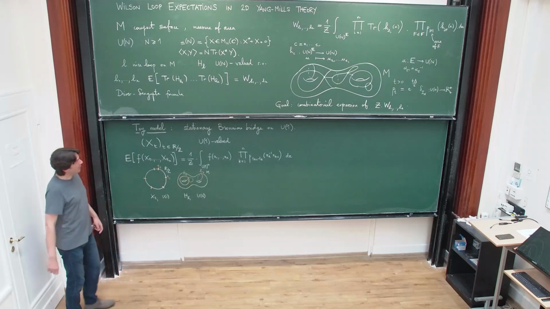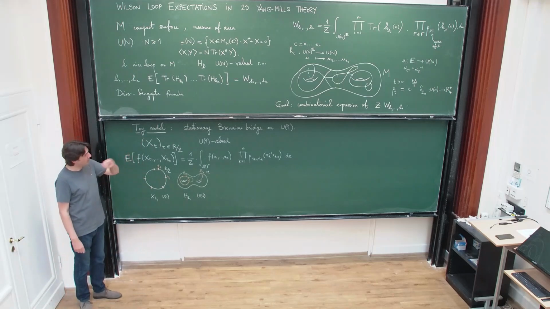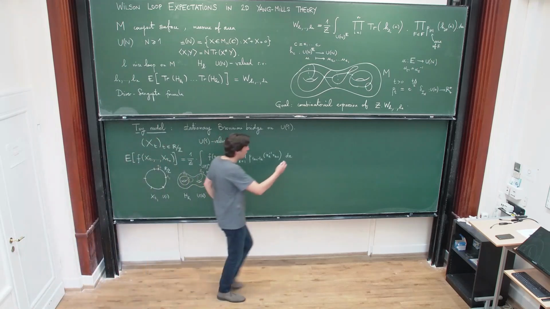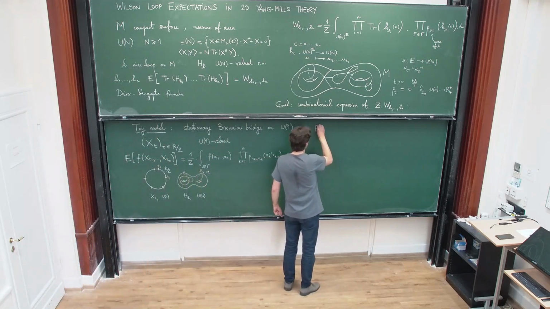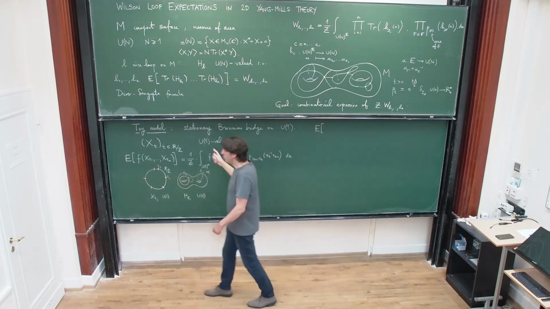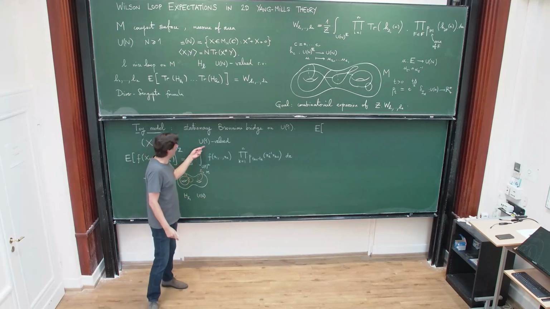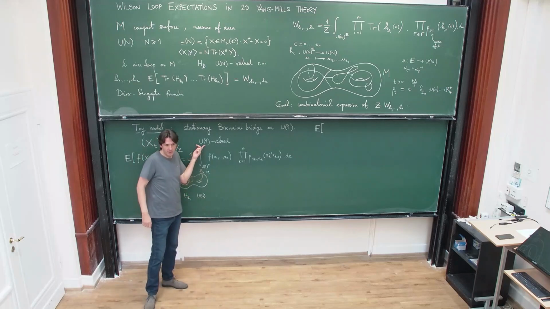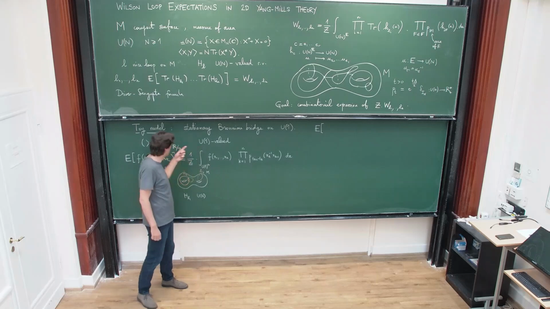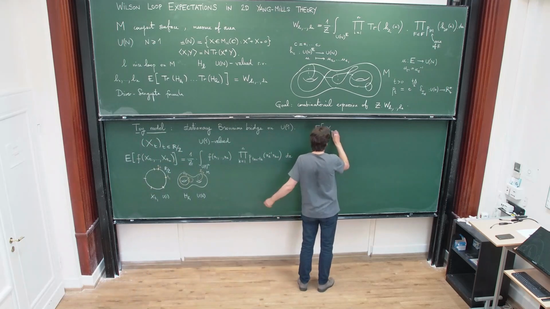Okay, now what are we going to compute about this stationary Brownian bridge? We might think that a natural thing to compute is the expectation. It's U(1)-valued, so I'm happy to think of U(1) as a subset of the complex numbers. So these are complex-valued random variables, so I can multiply them. Well, it's a group anyway, but I can take the expectation.